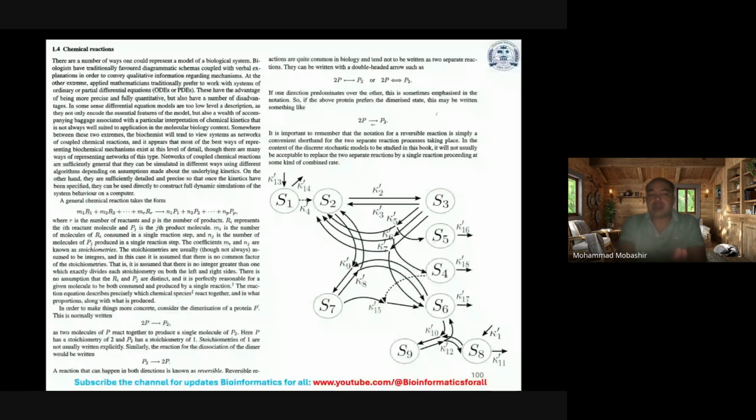It means that two molecules of P react together to produce a single molecule of P2, where P has a stoichiometry of 2 and P2 has a stoichiometry of 1. So you also need to understand what stoichiometries are. Stoichiometries of one are not usually written explicitly, and that is why it is written as P2, not 1P2.